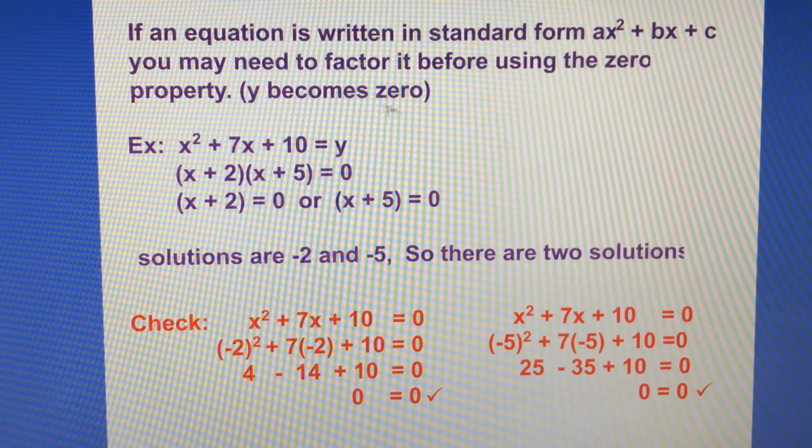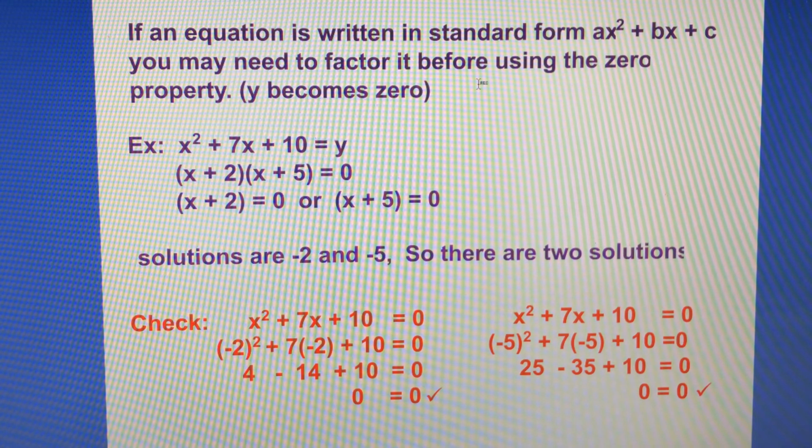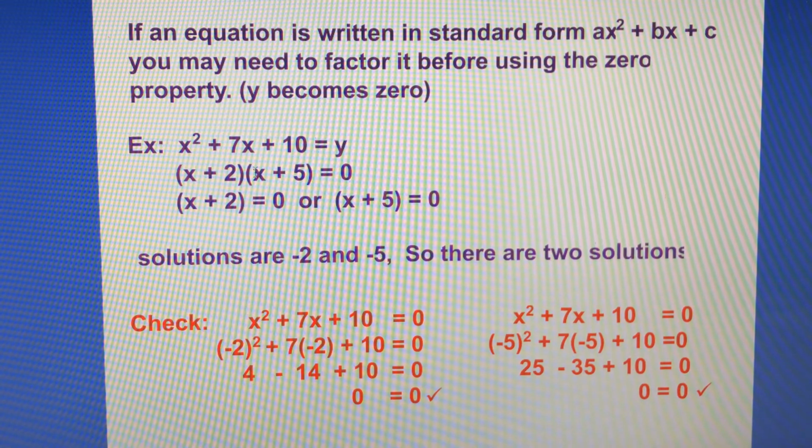If an equation is written in standard form, ax squared plus bx plus c, you may need to factor it before using the zero property. Y becomes 0. So I have my original formula. I factor it. I now know that either x plus 2 is 0 or x plus 5 is 0. My solutions are negative 2 or negative 5.